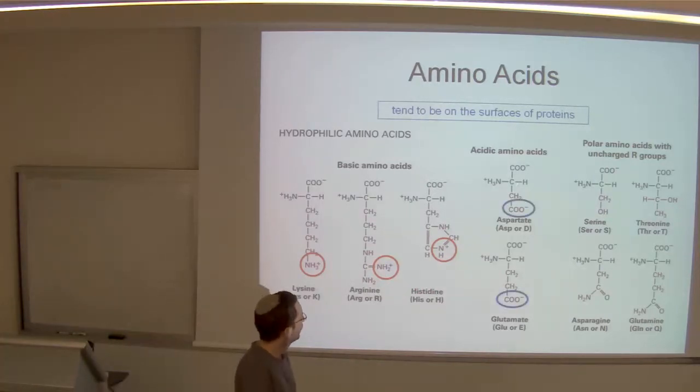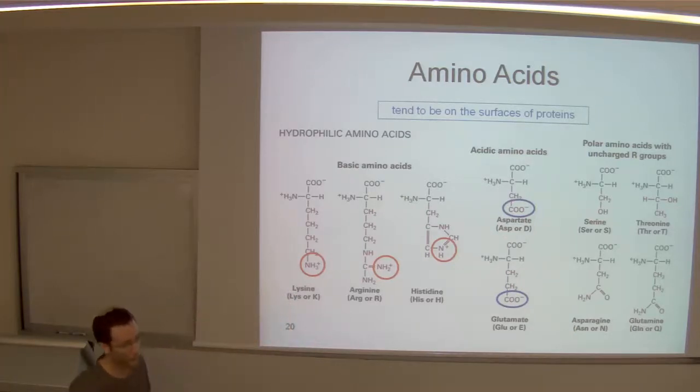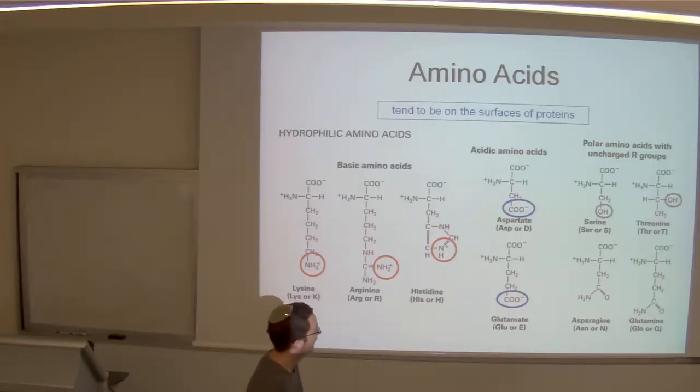And there are 2 examples of negatively charged amino acids, which again interact with water. And these 4 amino acids are uncharged but polar, because these hydroxyl groups and these amides are polar. So these moieties can sustain hydrogen bonds with water, and hence would be stabilized, and hence are hydrophilic.